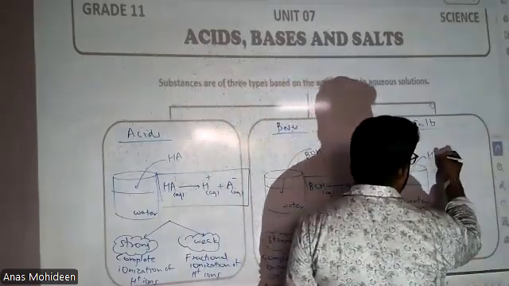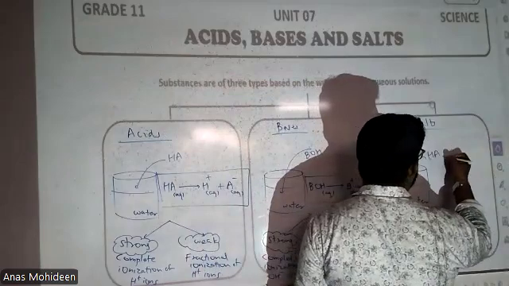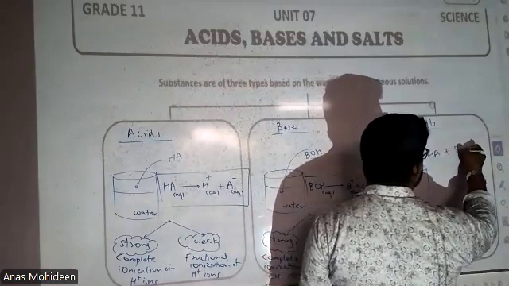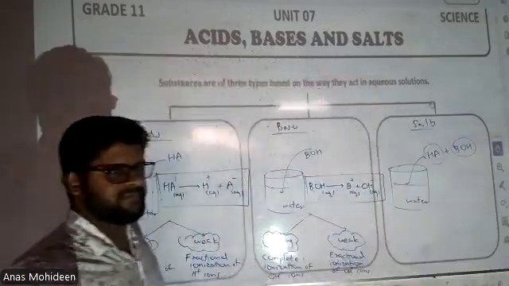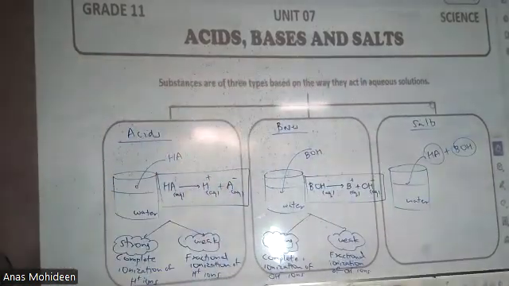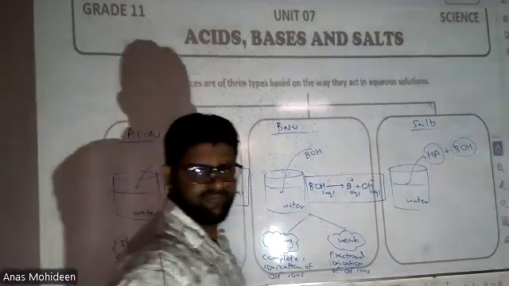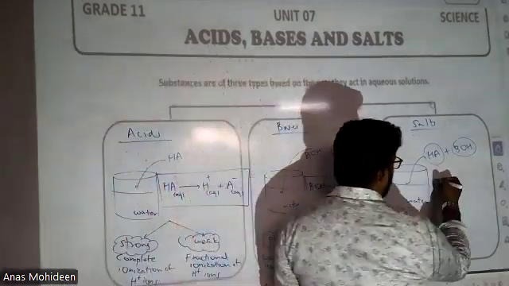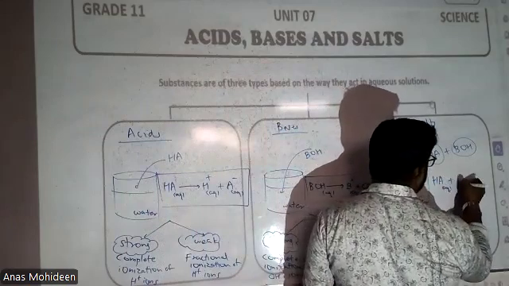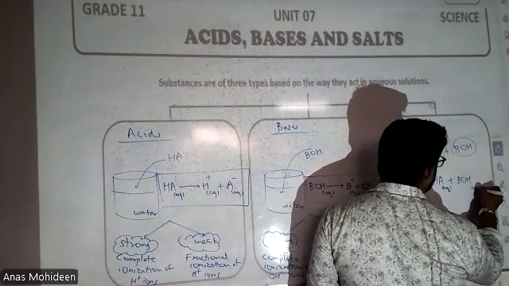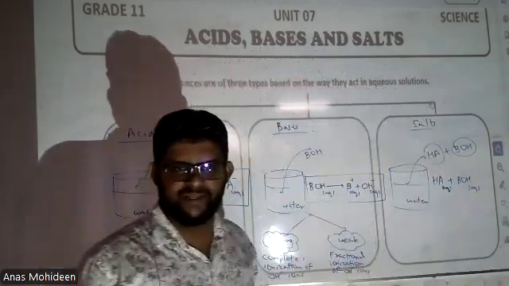So what I do now, I'm going to add HA plus BOH both. Right? I'm going to add both the acid and the base. So what happens here? HA(aq), BOH(aq), aqueous medium.